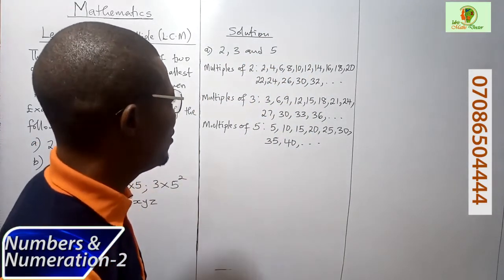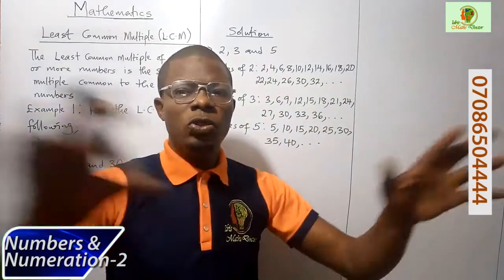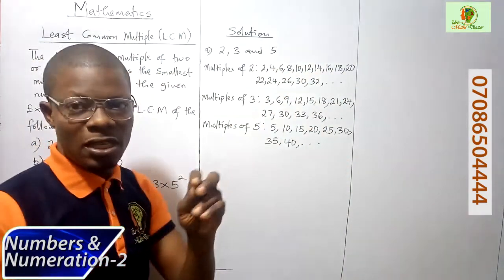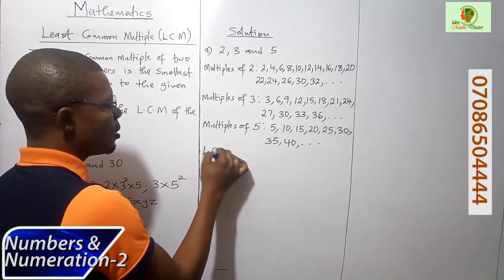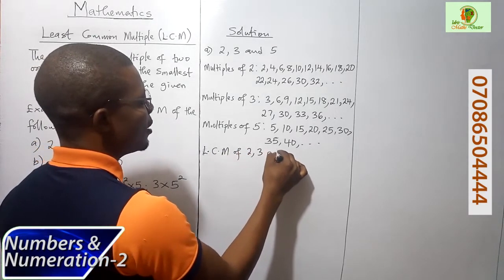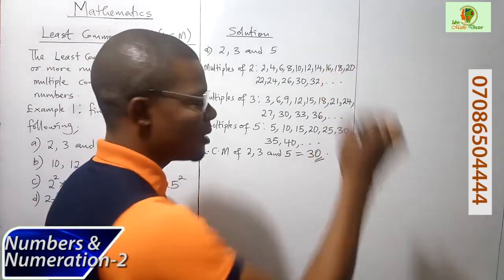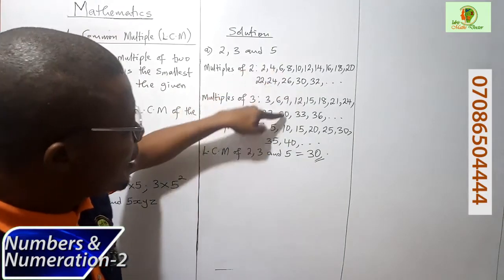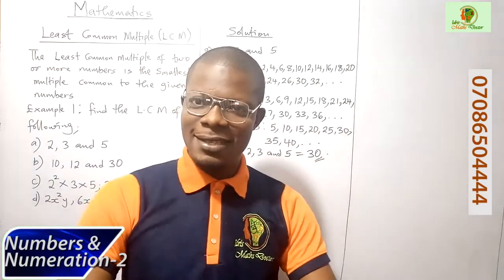When you go through everything, the lowest common multiple of 2, 3, and 5 is 30, because there's a 30 here, here, and here. So that is the LCM.